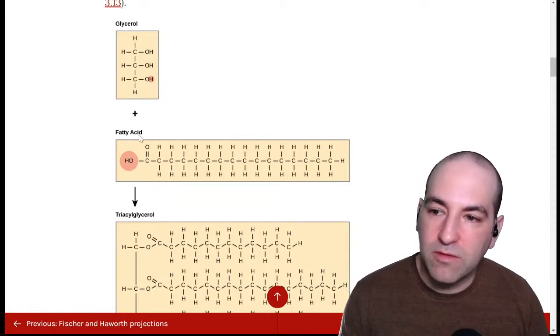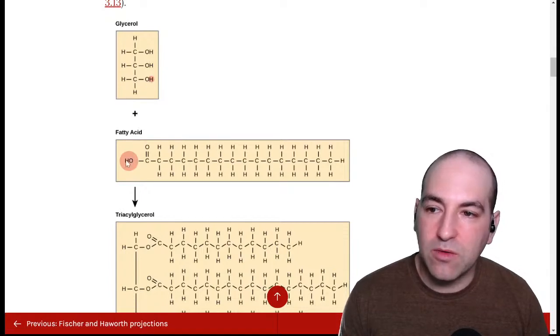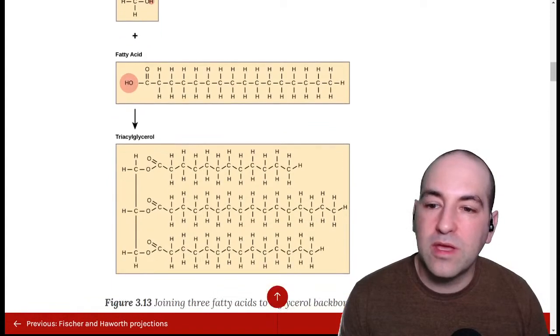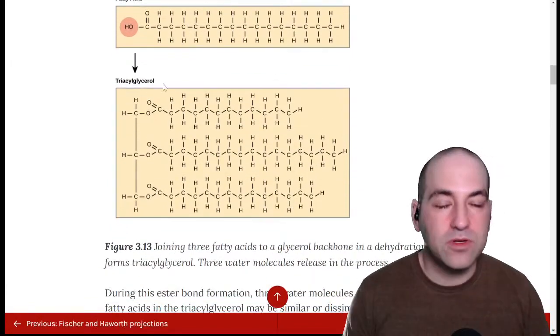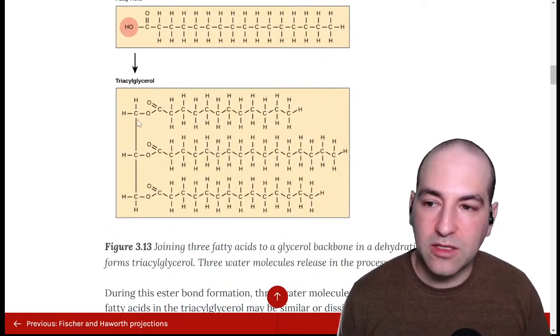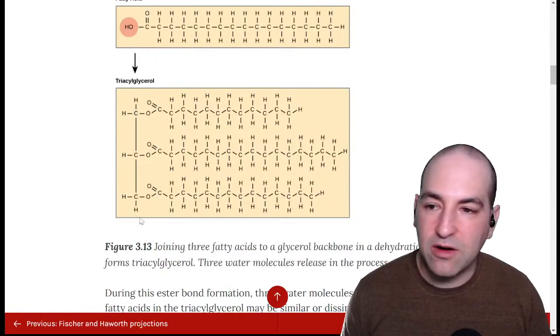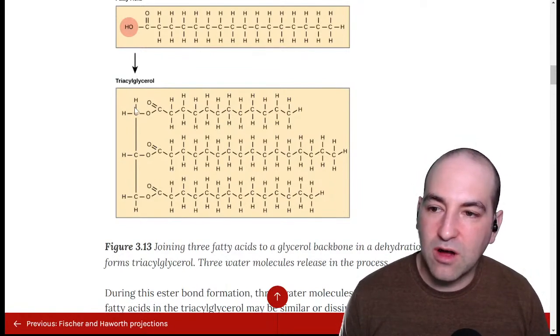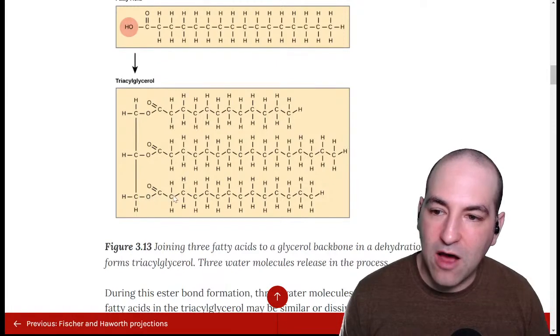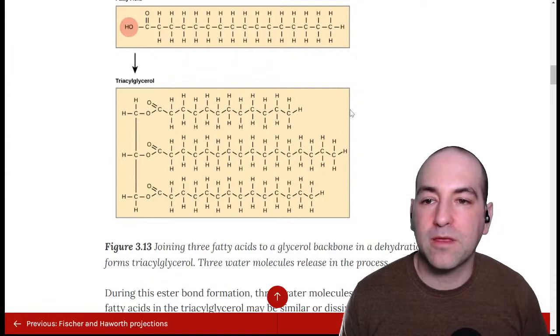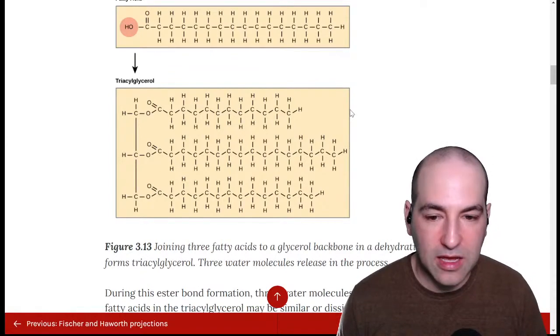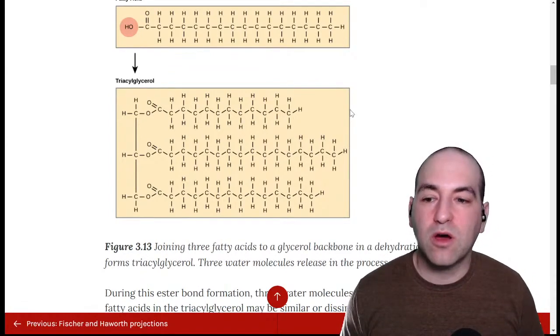If we get rid of water, we get rid of the H, we get rid of the OH, and we instead connect the O to the C, we get a glyceride. If we do that 3 times, we get a triglyceride. Even though it's all stretched out here, on the left is our glycerol piece that's now connected to fatty acids, and it's connected to 3 of them. That's what we call a triglyceride, which is generally known as a fat.